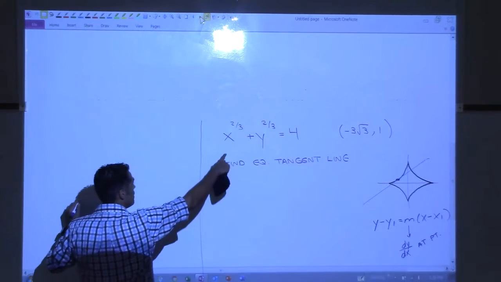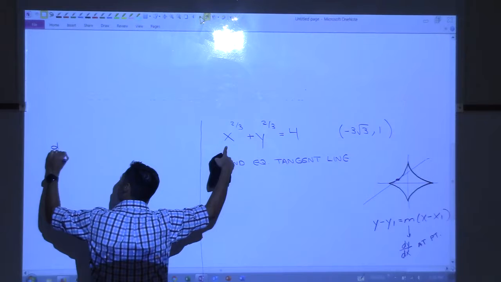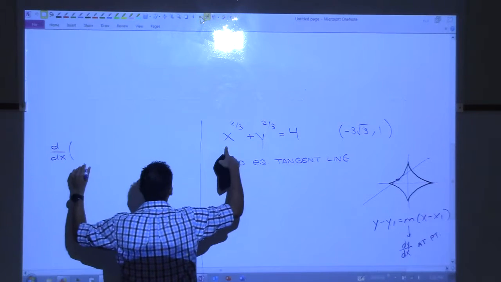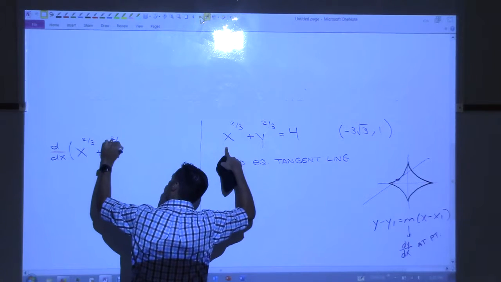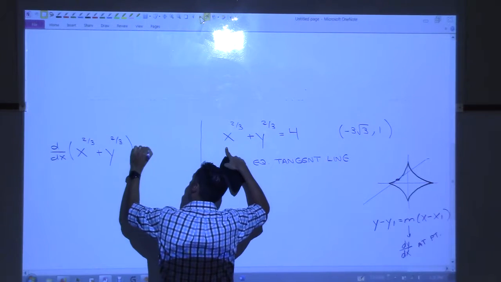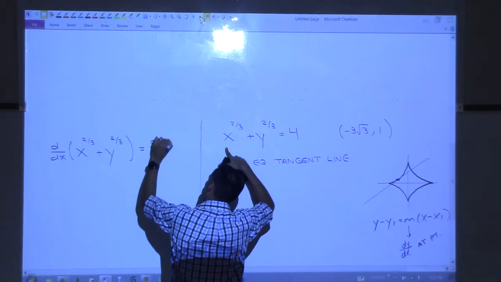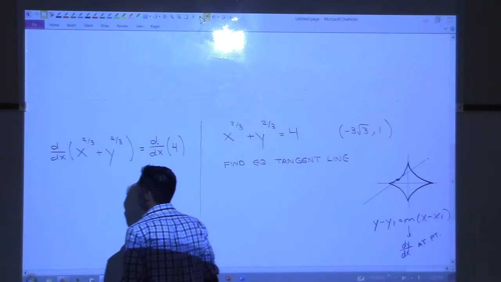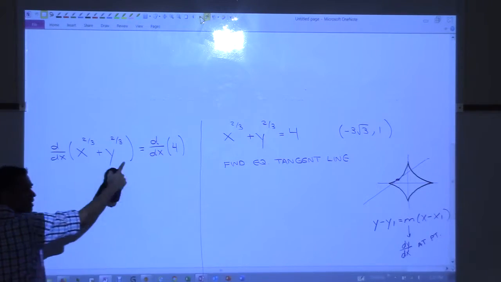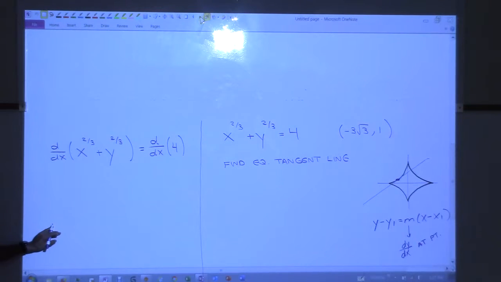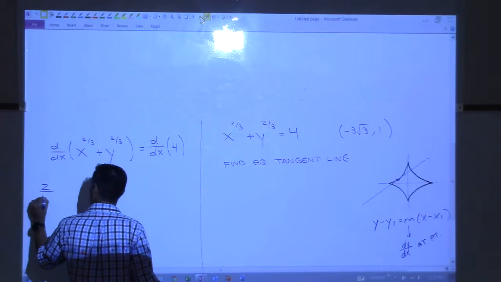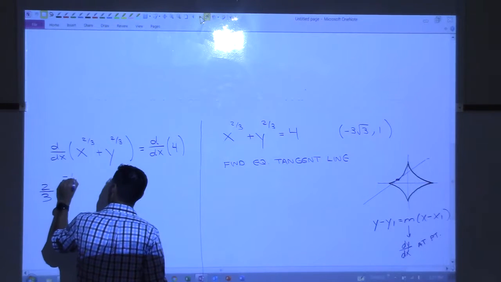So if I do implicit differentiation, I'm going to take the derivative with respect to x of the left side, and the derivative of the right side with respect to x. All right, so I can do these individually because there's addition. So what is the derivative of x to the 2/3 with respect to x? 2/3 x raised to the negative 1/3.